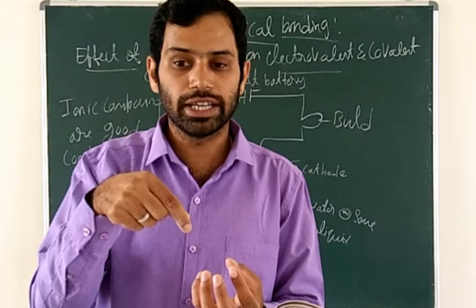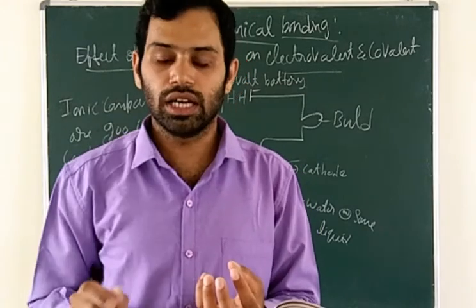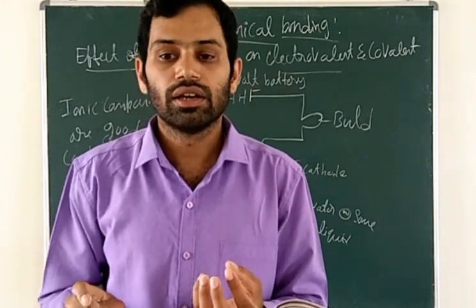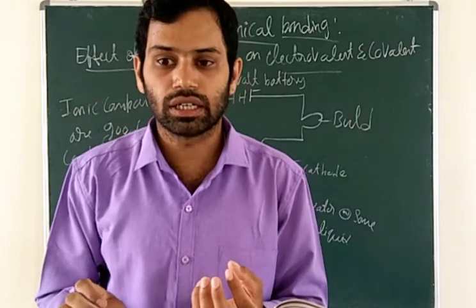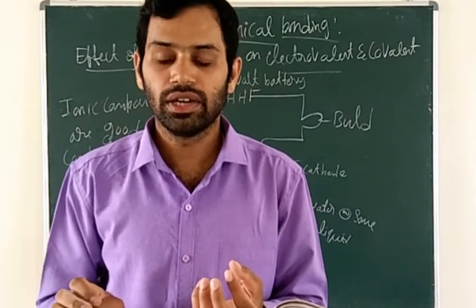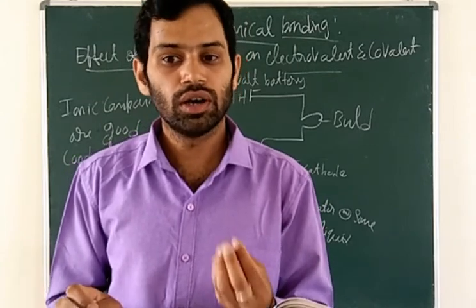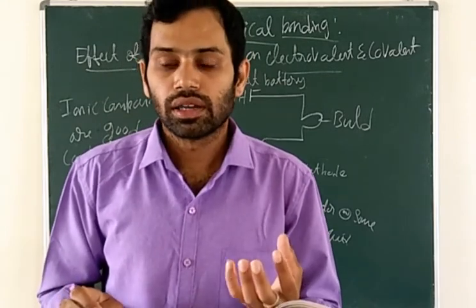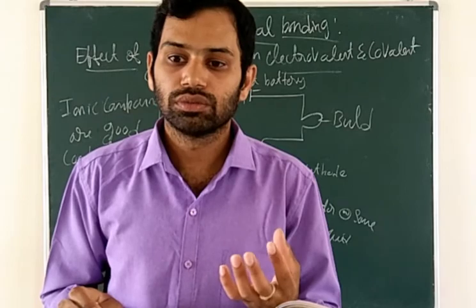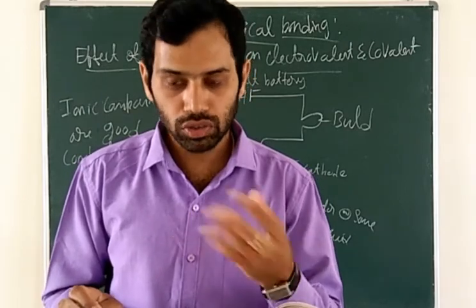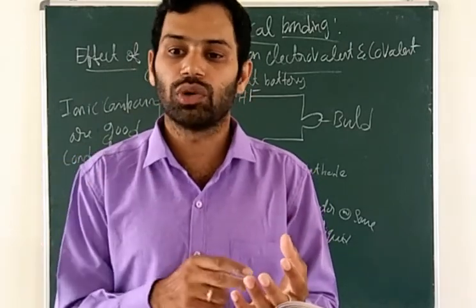So it means what? No conduction of electricity. Are they good conductors of electricity or bad conductors? Bad conductors of electricity. Through the covalent compounds, electric current is not allowed to pass.